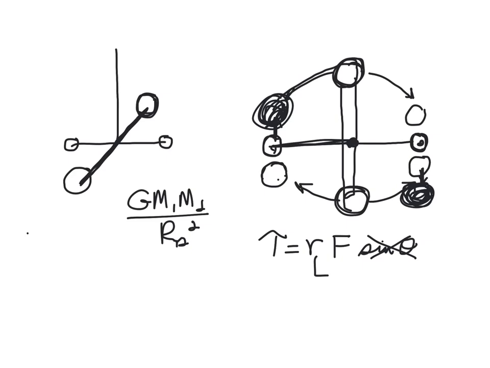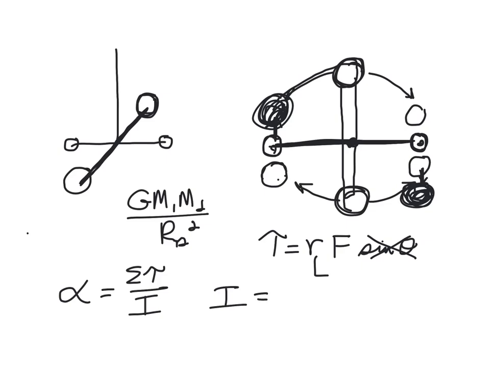Then, I hope you recall, to get the acceleration, you have to take the net torque and divide it by the rotational inertia. And the inertia of the rod is considered negligible because the mass is so small compared to the mass of the balls.